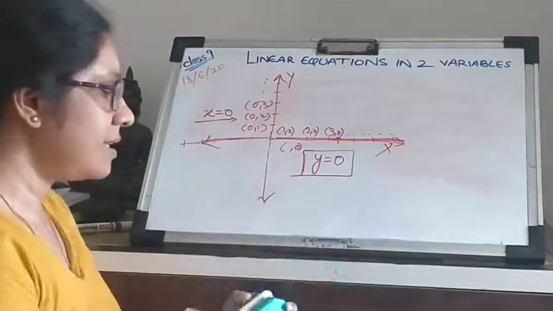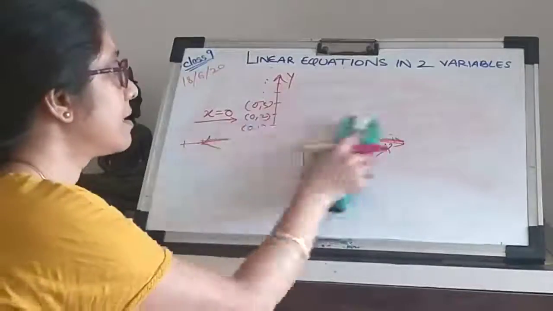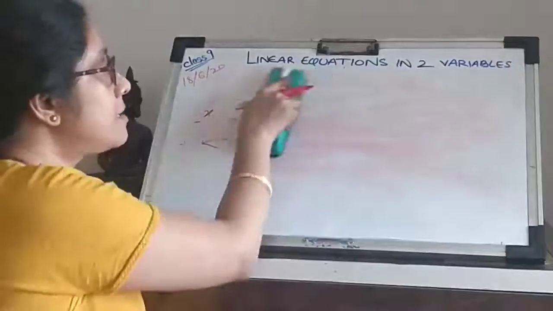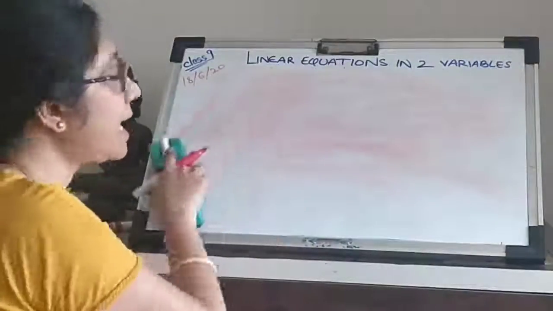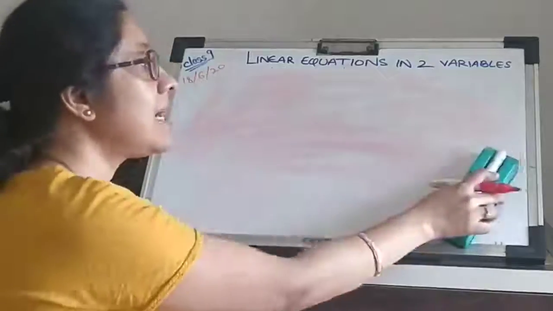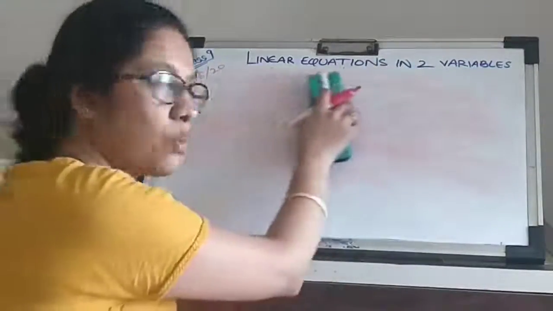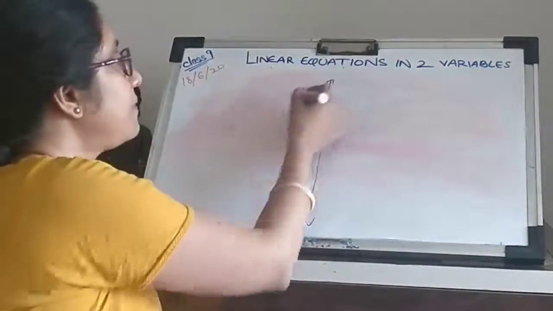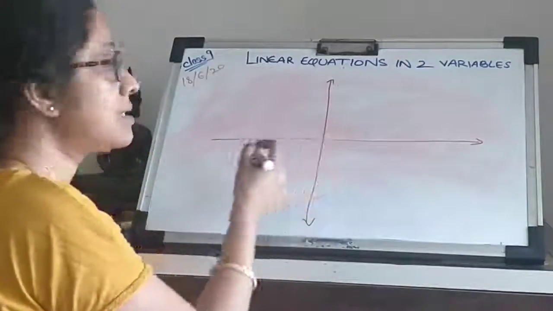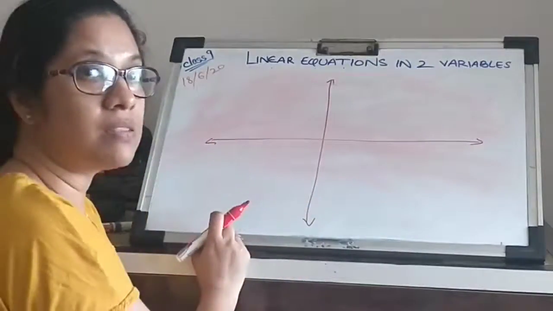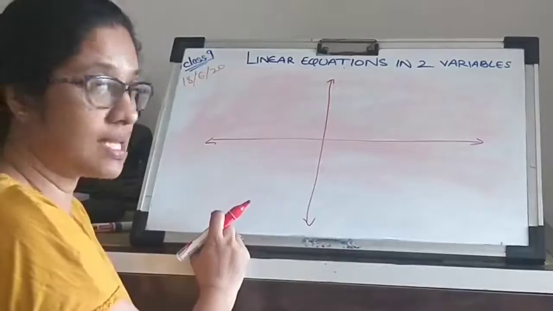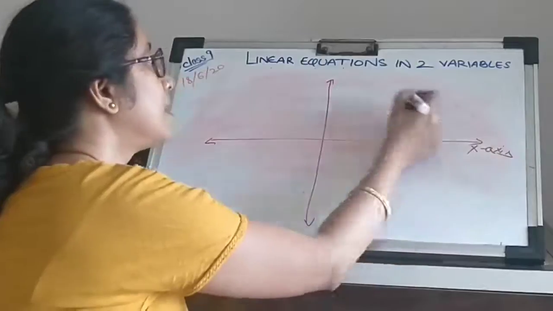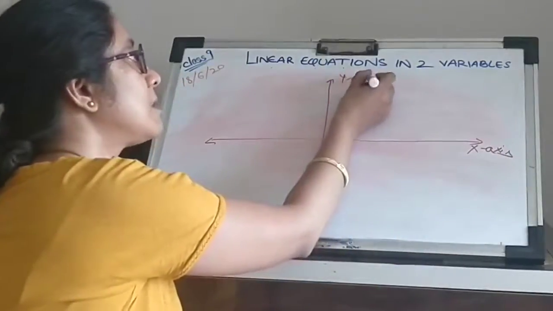Let's extend this to a line which is parallel to the x-axis, or a line which is parallel to the y-axis. Let's see how to represent that as a linear equation. That will be very similar. All we need to do is study the common thing about the coordinate points that lie on those lines. So this is our x-axis, this is our y-axis.